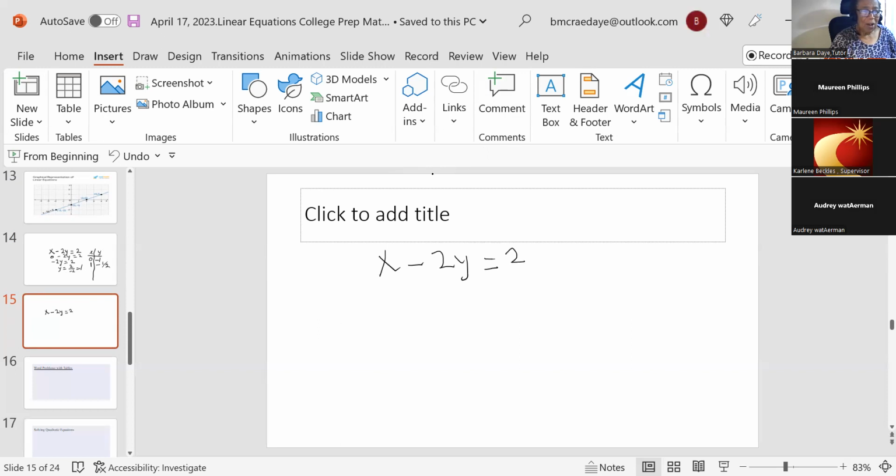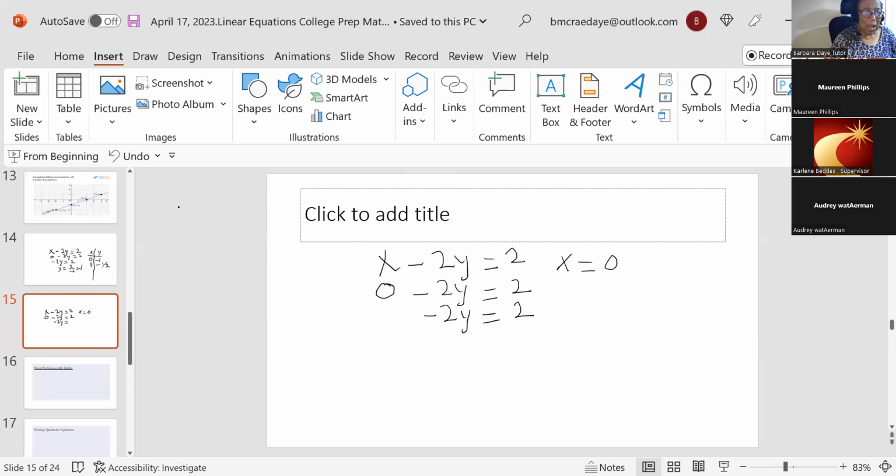Now, we said if X is equal to 0, we want to solve for y. So where X is, you put a 0. 0 minus 2y equal 2. But 0 minus 2y is minus 2y. And that's equal to 2.